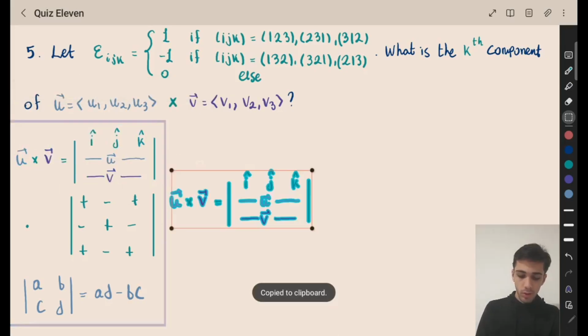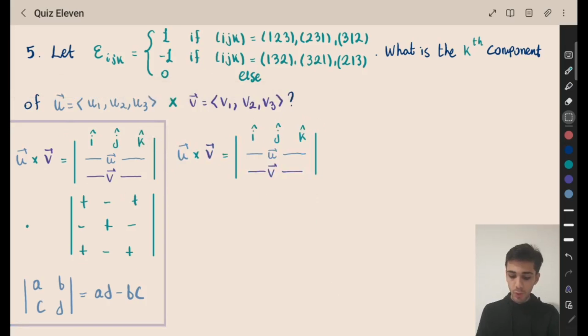The cross product is computed by computing the determinant. Replace u with these values, replace v with these values. And I use one of the rows.